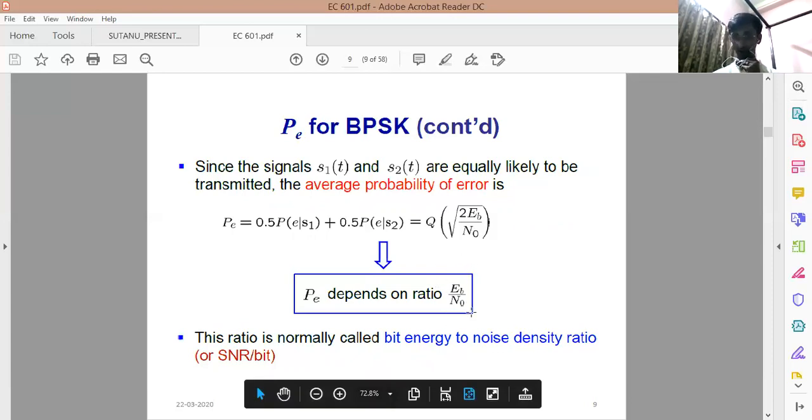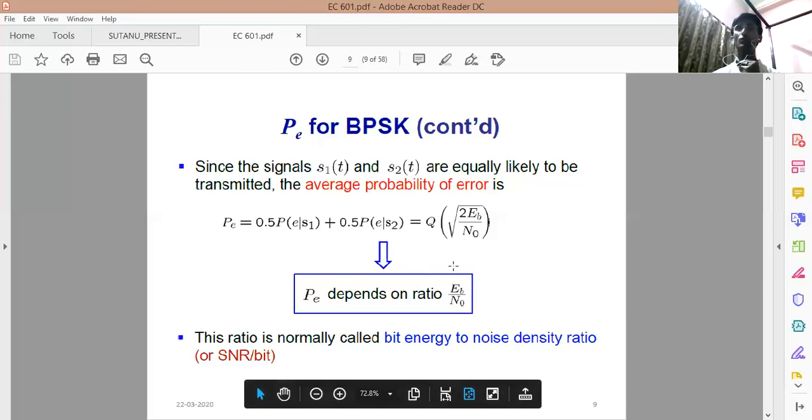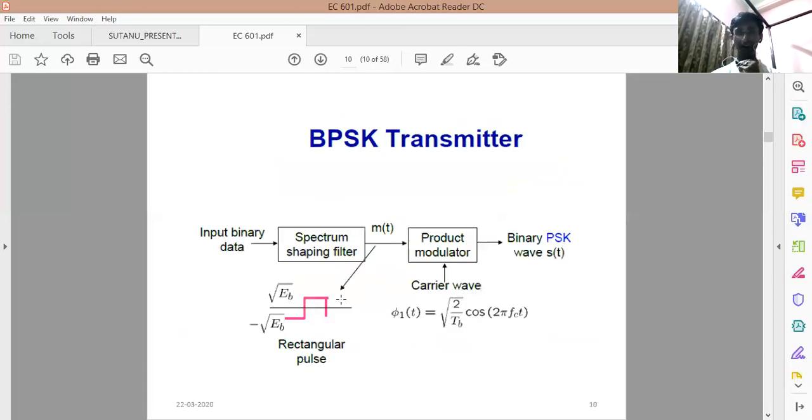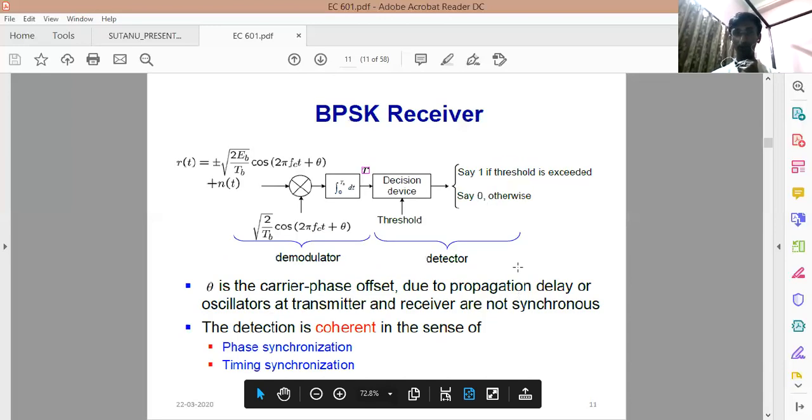That means effective bit energy to noise ratio, which is known as the mean transmit power, or the effective SNR, mean SNR. And what kind of energy is it? It is bit energy. Already I have discussed everything, and this is the BPSK transmitter. You know the BPSK receiver.